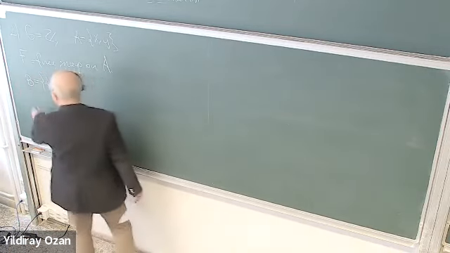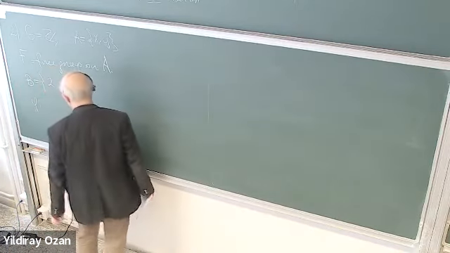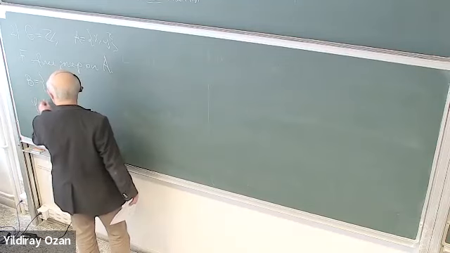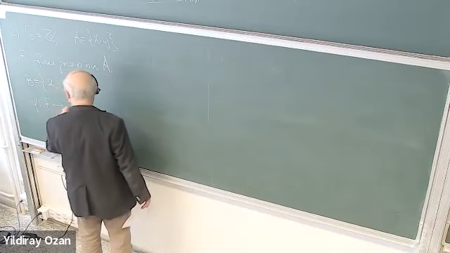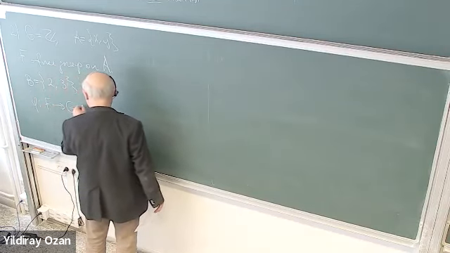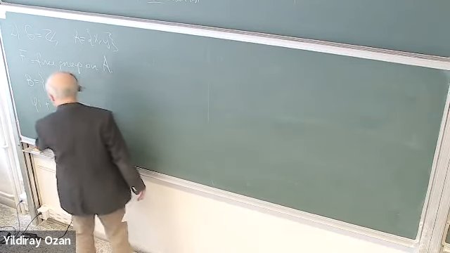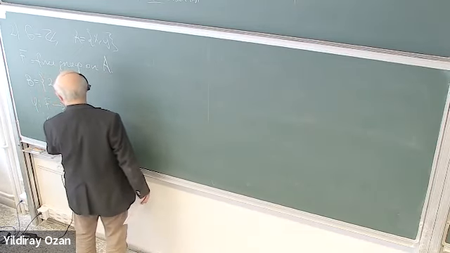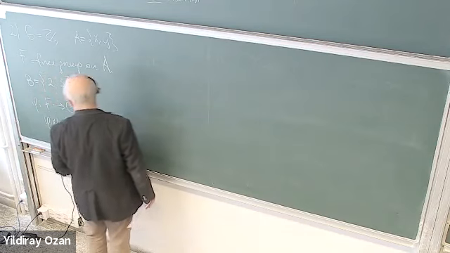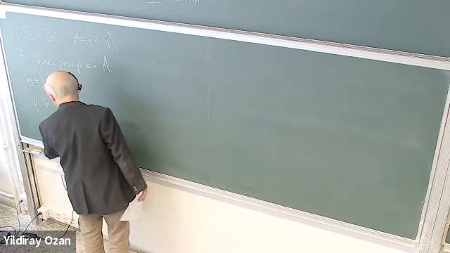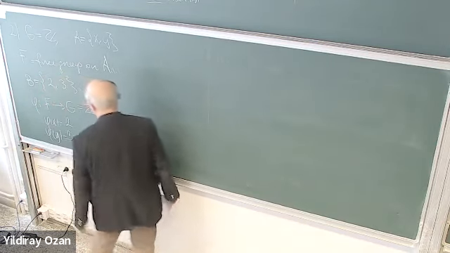And let's define this map from F to G, which is Z, such that X is sent to the element 2 and Y is sent to the element 3.